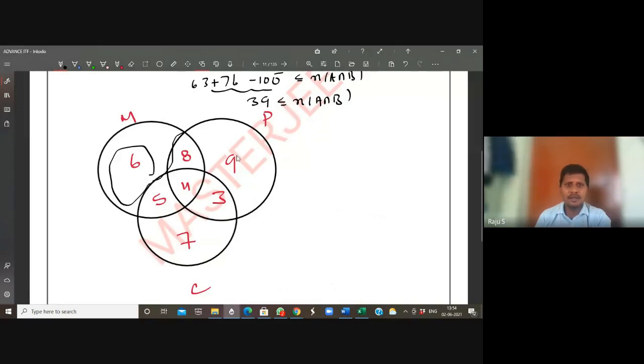Here it is 6, here it is 9, here it is 7. 6 students take only maths, 9 students only physics, 7 students only chemistry. But 8 take maths and physics, and 3 take physics and chemistry. So 6 plus 9 plus 7 is equal to 22. 22 is the right answer.